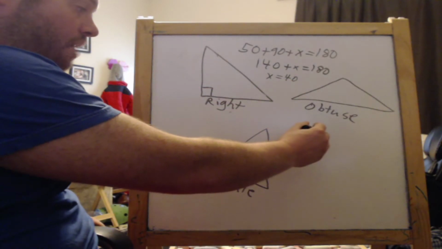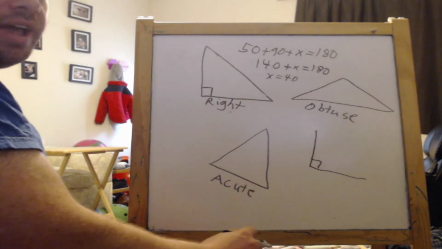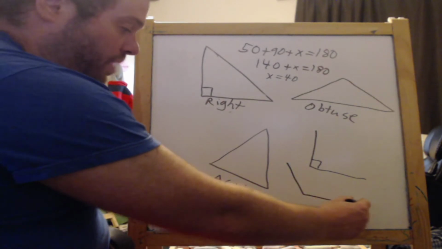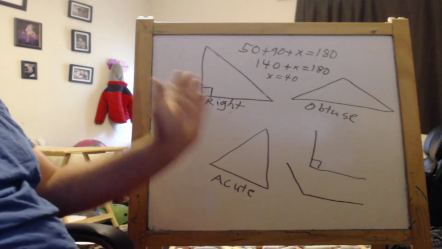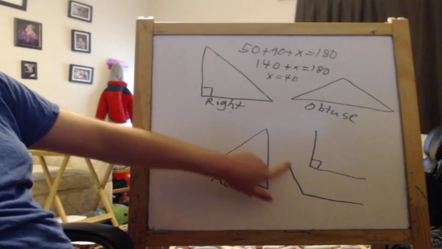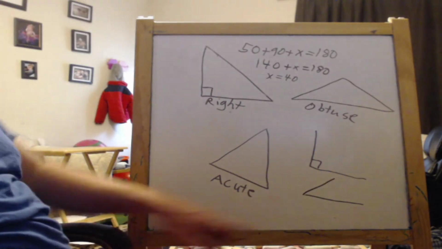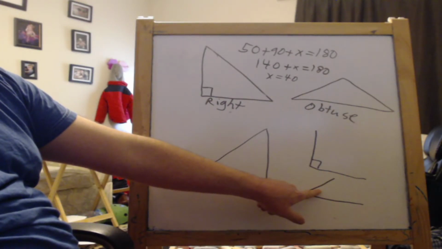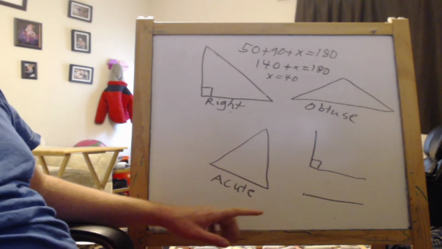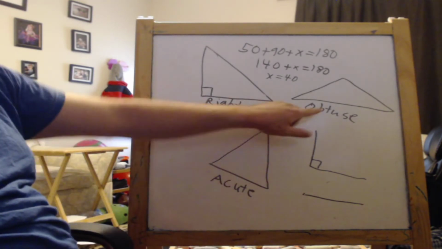Now, basically, let's just think about, let's say this is a 90-degree angle, okay? Now, if I make the angle more open than 90 degrees, right, so if it extends this way, this is going to be an angle that is greater than 90 degrees. Now, if I were to make the angle more closed than 90 degrees, this is an angle that is less than 90 degrees. Now, an angle that is less than 90 degrees is called acute, and an angle that is more than 90 degrees is called obtuse.